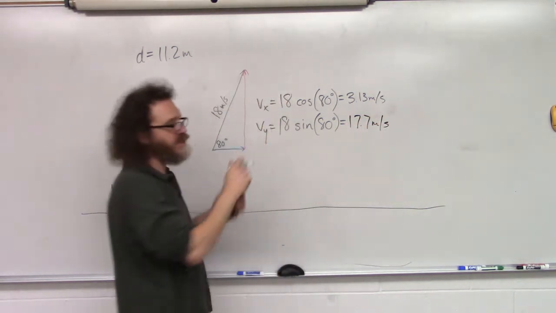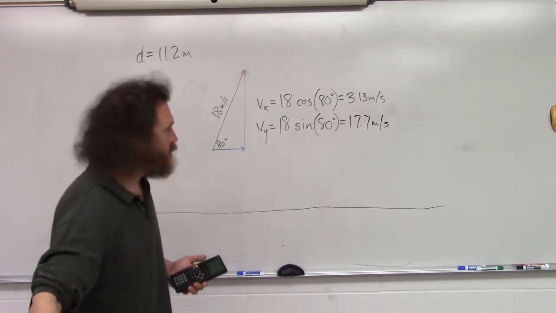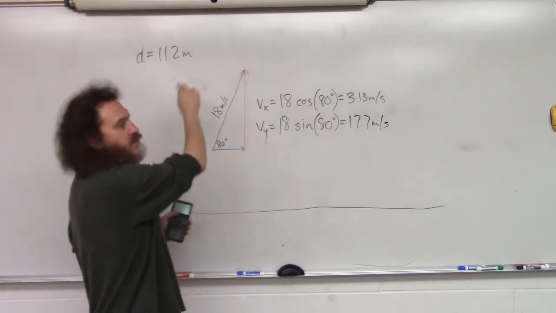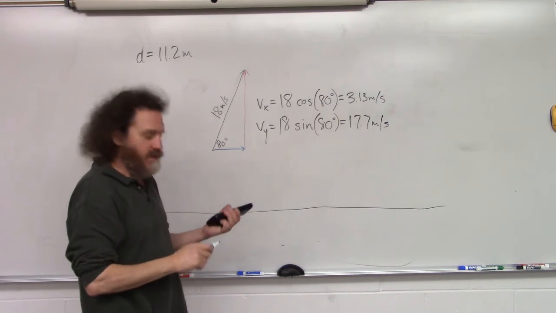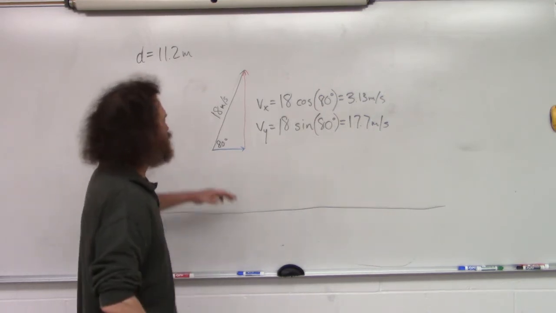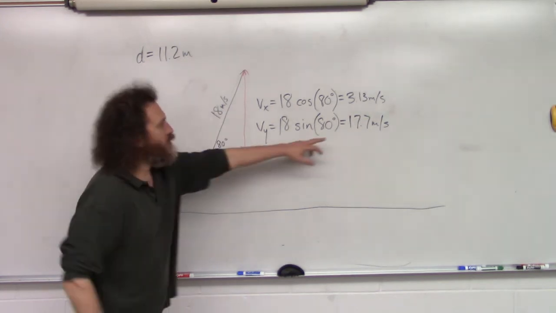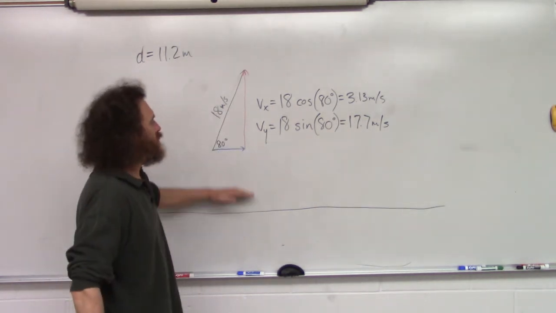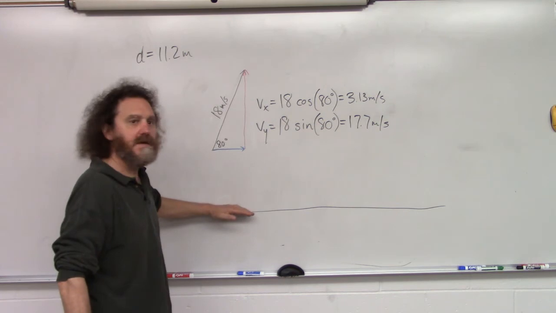Okay, just from a little trigonometry, I've been able to figure out the initial vertical velocity and the initial horizontal velocity. So once again, just like with the care package, I'm going to figure out with this vertical velocity how long it takes to go up and then back down.